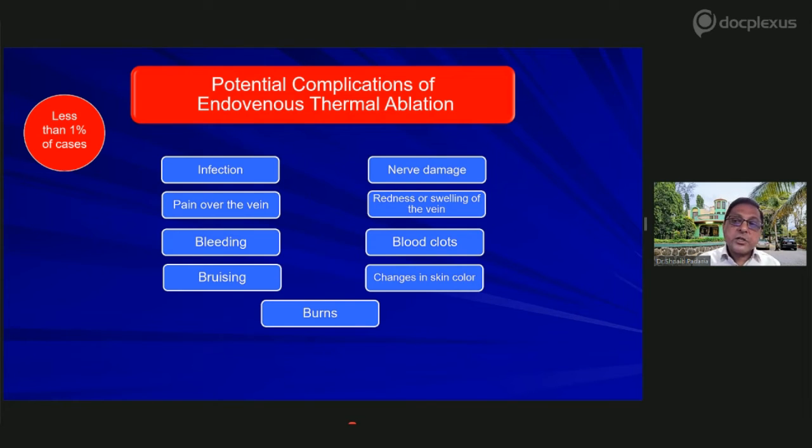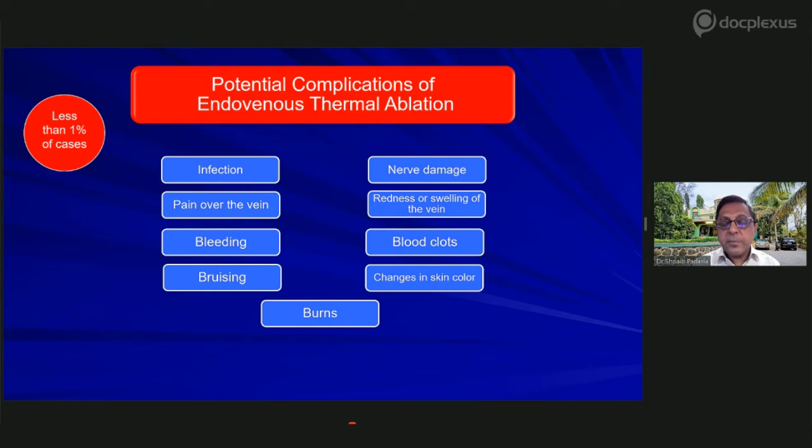Nerve damage, one needs to definitely take care of. If laser is not done properly, if proper anesthesia is not given, the nerve goes along the vein and you can damage the nerve. So be very, very careful. Redness or swelling of the vein, what we call thrombophlebitis, is sometimes seen with antibiotics, anti-inflammatories. This tends to disappear. Blood clots, especially DVT, we're always worried about DVT.